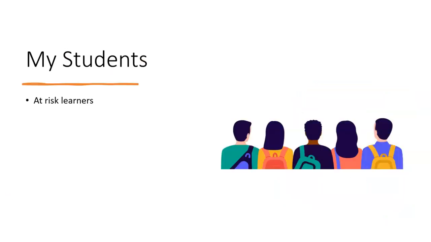So my students, like I said, as a special ed teacher, I have a lot of students who might be at-risk learners. One of the scenarios that comes to mind, we have a student this year who I'm not going to name, obviously, who came from a homeschooling type of situation this year. So he'd never been in public school before. And this student really struggles with a lot of work. He struggles with reading, comprehension, the math that we do.